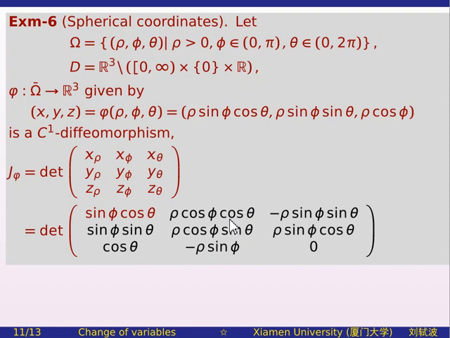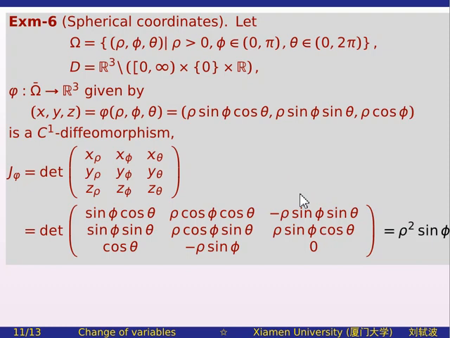By a simple computation, you expand this determinant along the last column or the last row, because there is a 0 here. You will find that the value of this determinant is rho squared sine phi. You should remember this result because we will use it frequently.